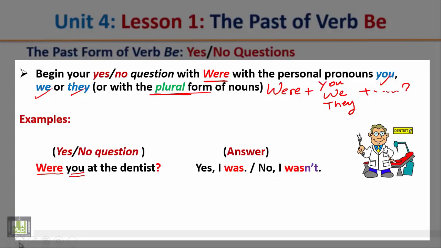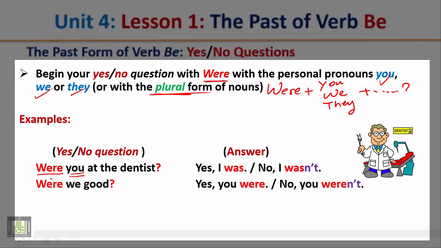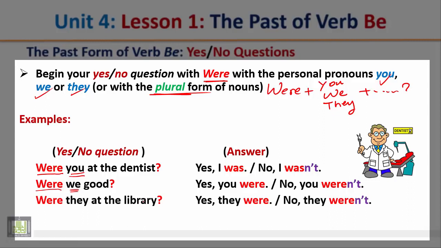Another example. Were we good? Again, we start with the verb were. After that, we put the subject. Were we good? Yes, you were. No, you weren't. Another example. Were they at the library? Again, we start with the verb. After that, we put the subject. Were they at the library?